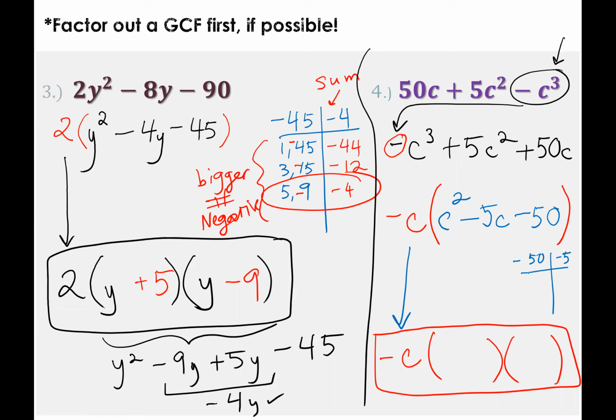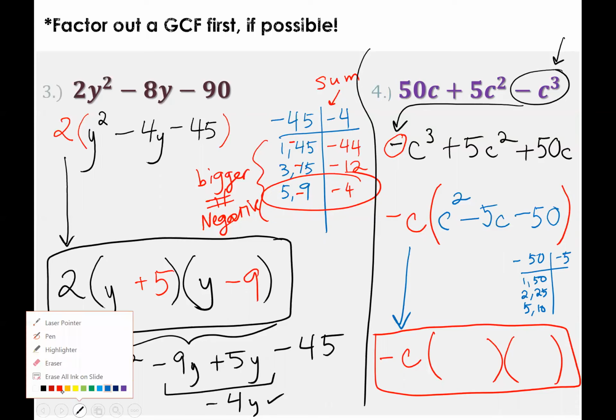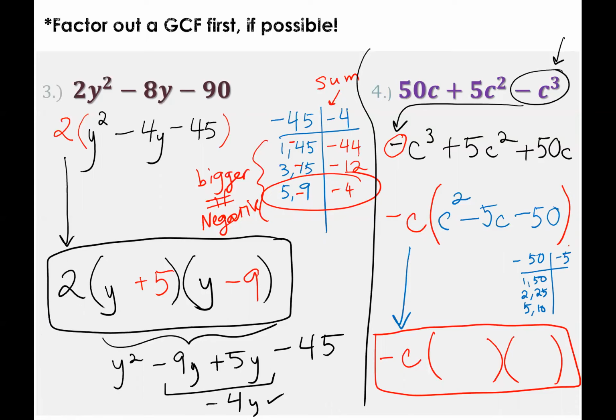I'll run through a quick list of factors of 50. 1 times 50, 2 times 25, 3 doesn't go in, 4 doesn't go in, 5 times 10, 6, 7, 8, 9 don't work. Okay, so this is my list. I just need to fill in some negative signs. Just like the previous problem, I do want my bigger number to be negative so that I can have that negative sum. So my choices are really 1 times negative 50.